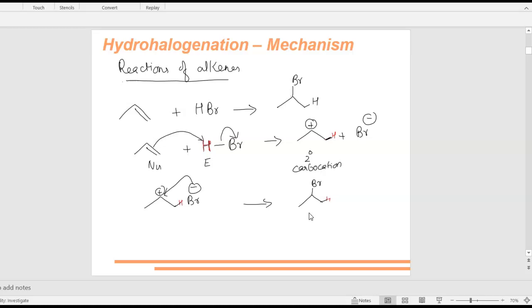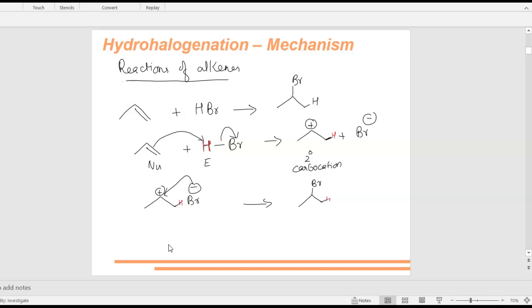Now, if you had a chiral starting material, if your carbon atom is a chiral center, then what can happen is you can get a racemic product. That means the Br minus can attack from the top or from the bottom with equal probability, and you might get a racemic mixture.